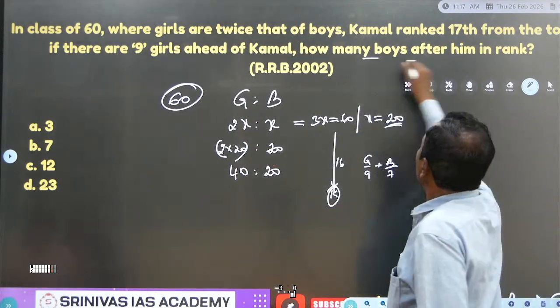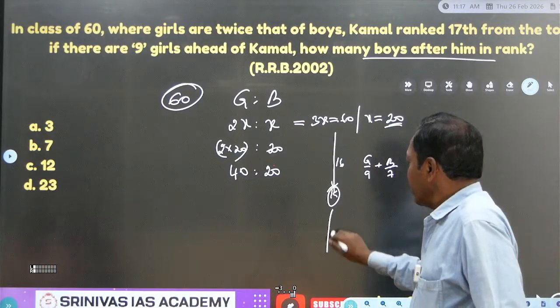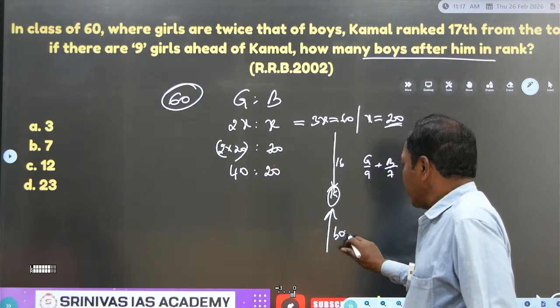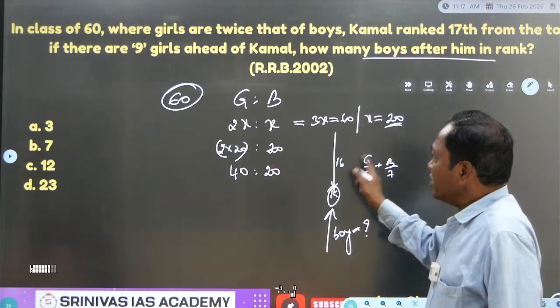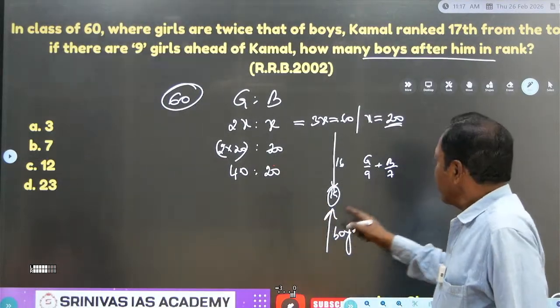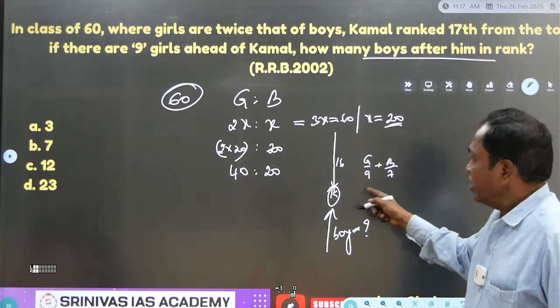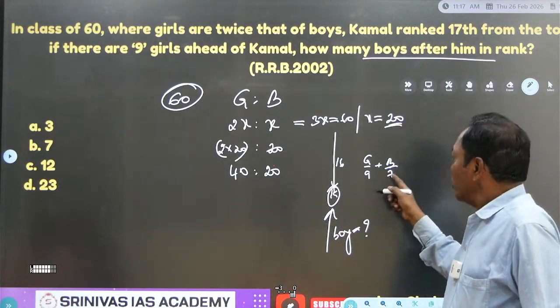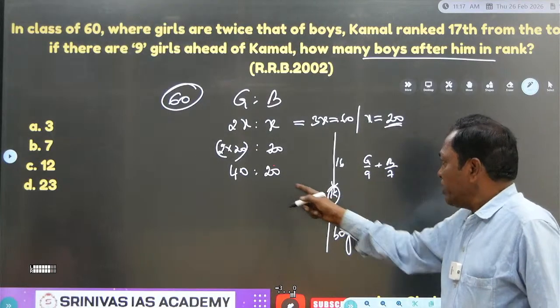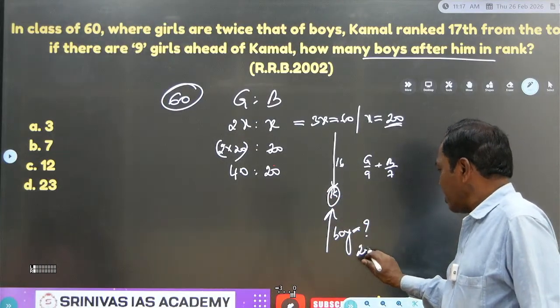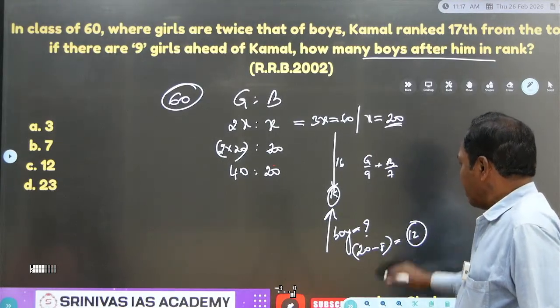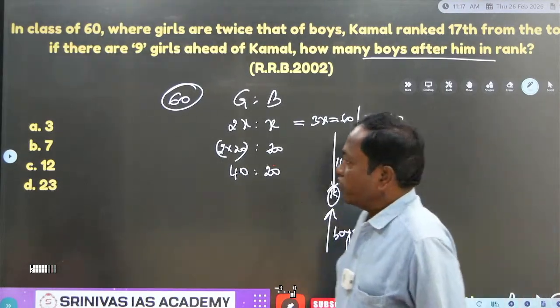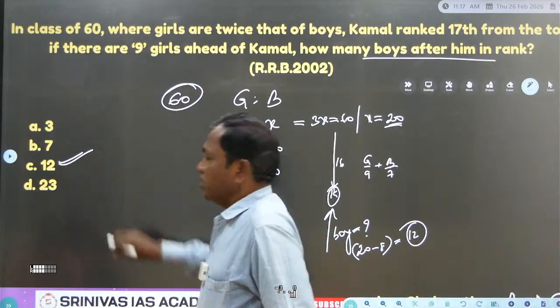How many boys are after him in rank? The total boys are 20. Seven are ahead, and Kamal himself is a boy. 7 plus 1 is 8, and 20 minus 8 is 12. So there are 12. Option C.